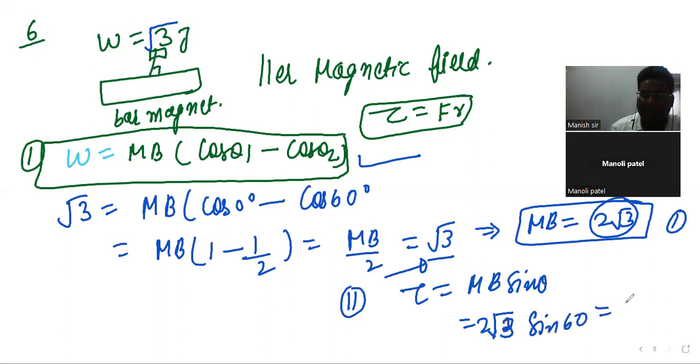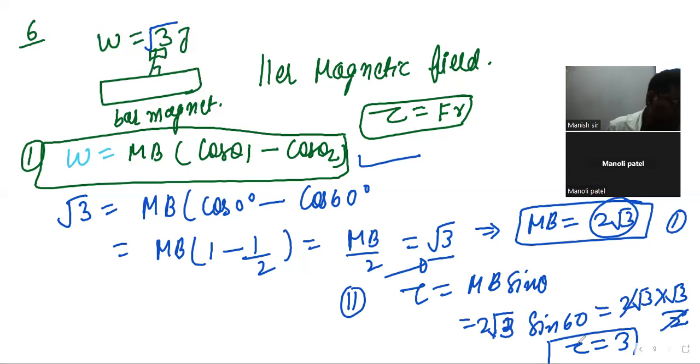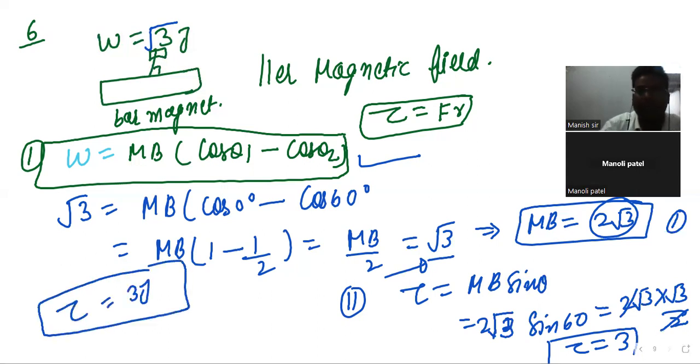Sine 60 is nothing but root 3 by 2. So the 2 and 2 get cancelled and root 3 and root 3 multiplication gives 3. So torque we have got as 3. So this is the torque value, 3 joule we are getting. So please write it down.